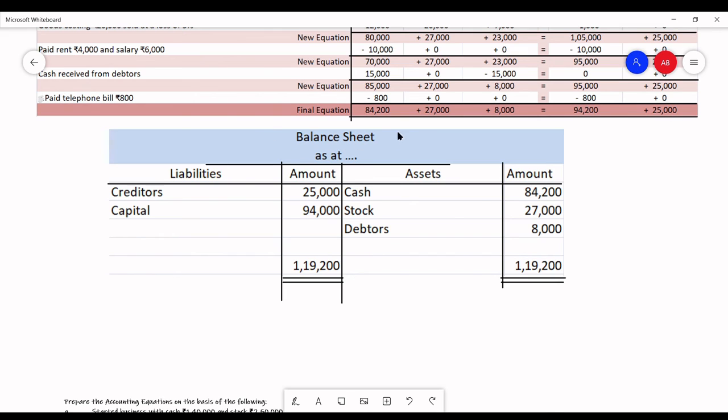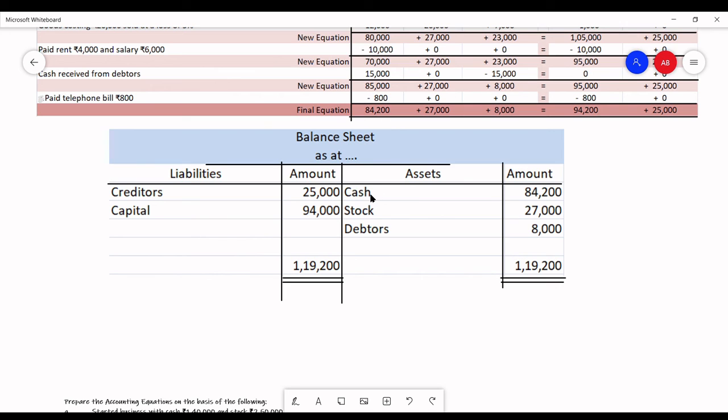Now, coming to the balance sheet, this is a simple format of the balance sheet. I've written balance sheet as at; I've not mentioned any date, but a date is mentioned here. On the left hand side, we draw up the liabilities column with its amount, and the right hand side shows the assets balance with its amount. From the final equation itself, we are going to put these values. In our equation, cash was standing at a balance of 84,200.